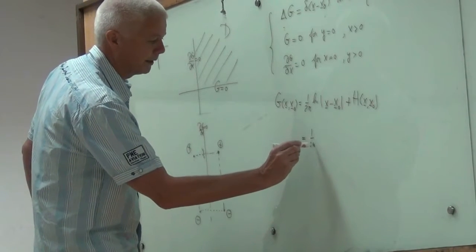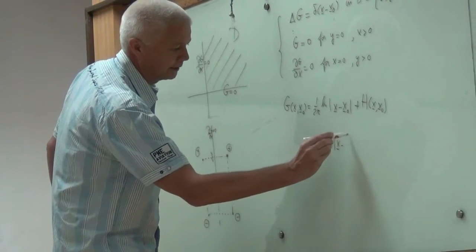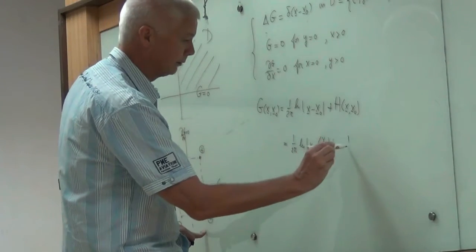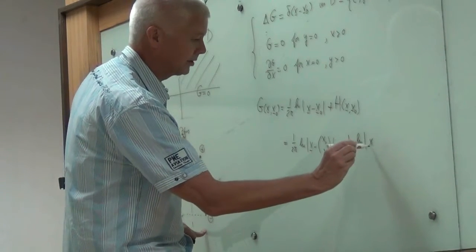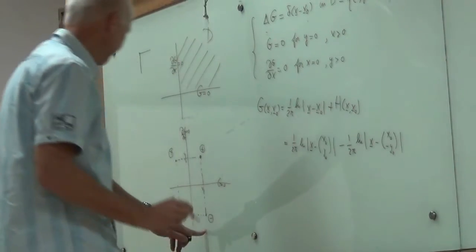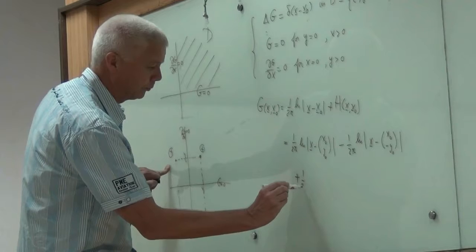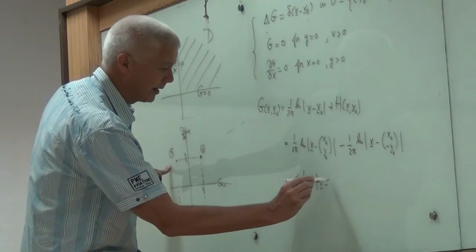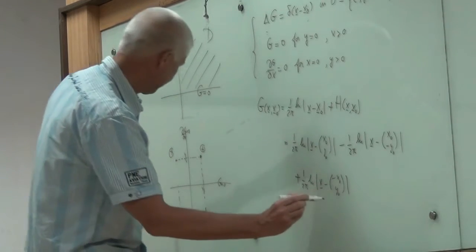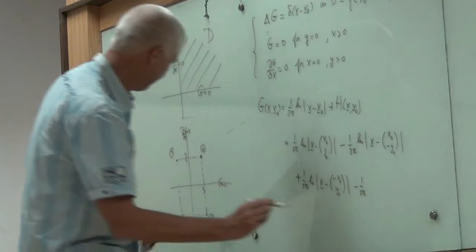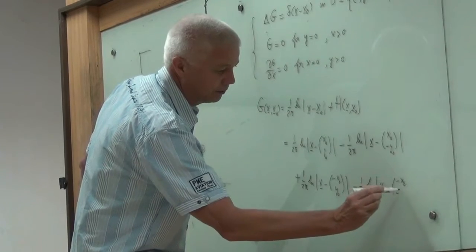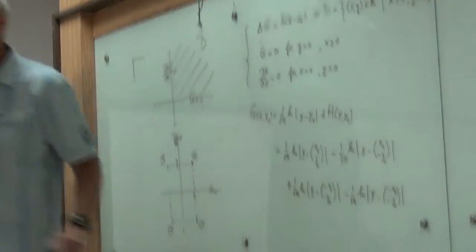So the Green's function for this problem is 1 over 2 pi logarithm of x minus (x0, y0), and then minus 1 over 2 pi logarithm of x minus (x0, minus y0), and then take that one, plus 1 over 2 pi logarithm of x minus (minus x0, y0), and then minus 1 over 2 pi logarithm of x minus (minus x0, minus y0).